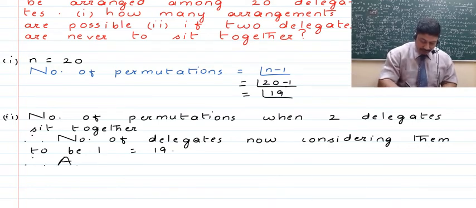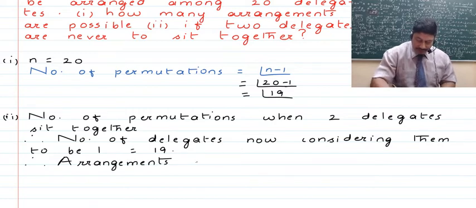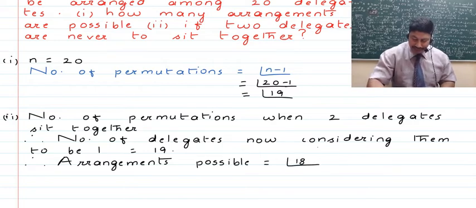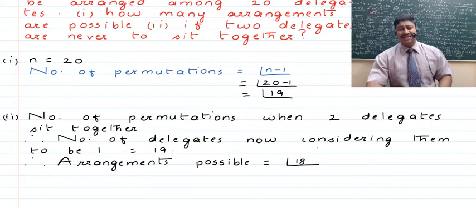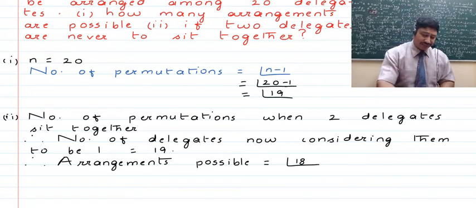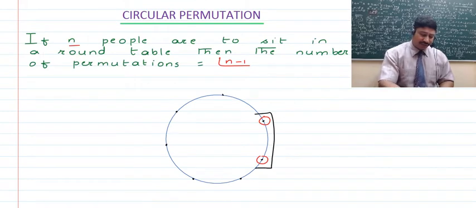Therefore, arrangements possible will become equal to factorial 18, because if n is 19, then the number of permutations possible will become equal to factorial 18. But remember, children, these two people are still sitting together. As these two people are sitting together, obviously you can even exchange their positions.